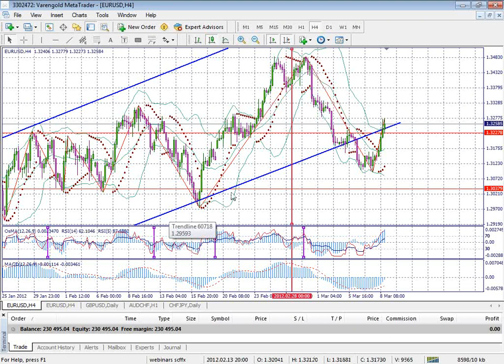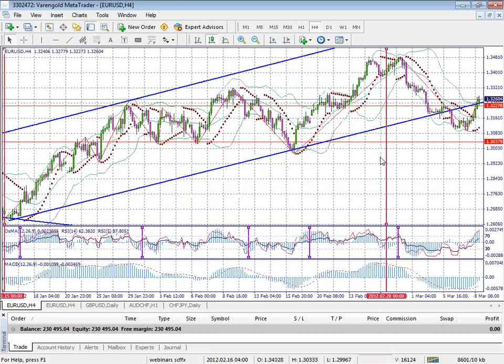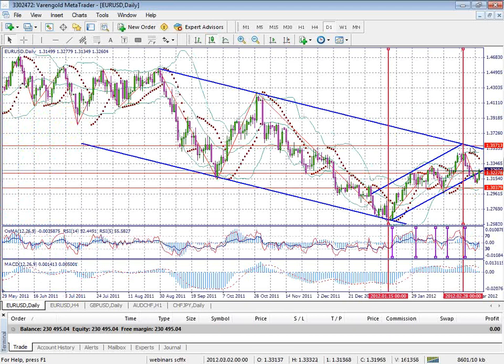You can consider the inferior line of the channel as a support until the things are very clear in this area.